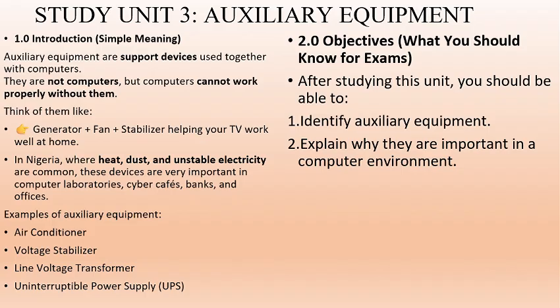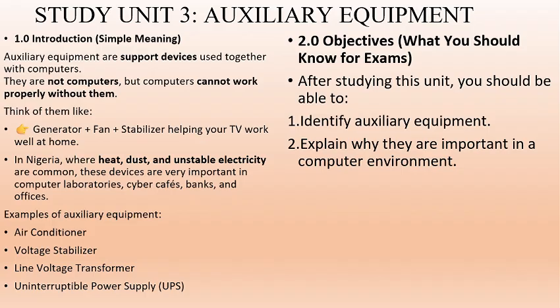Examples of these auxiliary equipment are the air conditioner, the voltage stabilizer, the line voltage transformer, and the uninterrupted power supply. These are the four examples we are going to be looking at today.